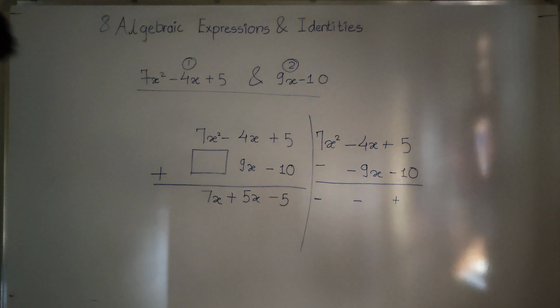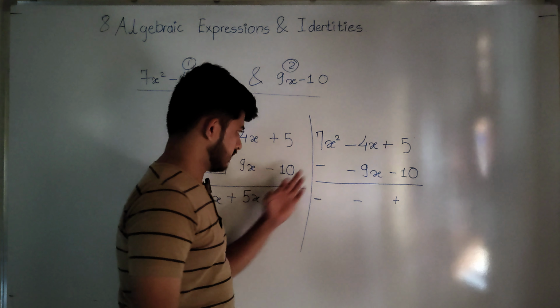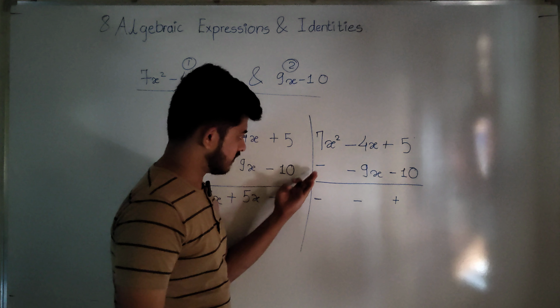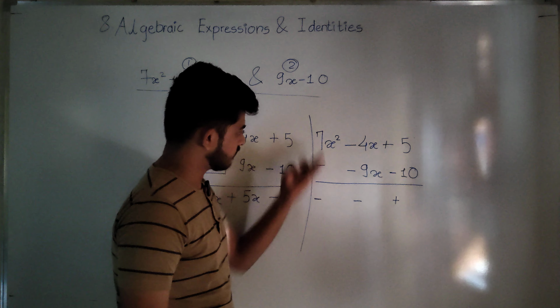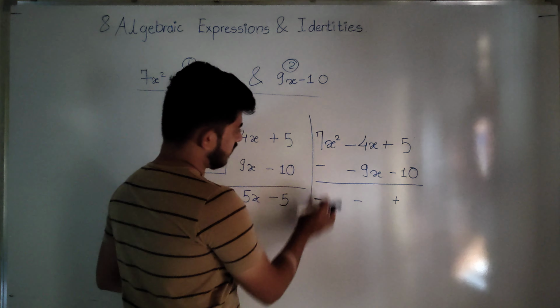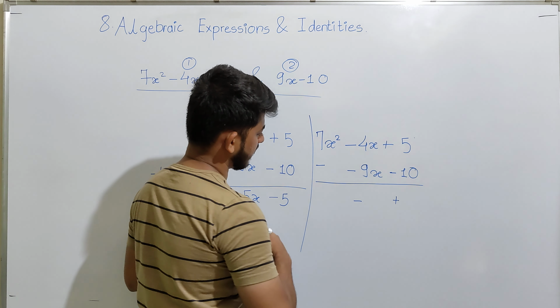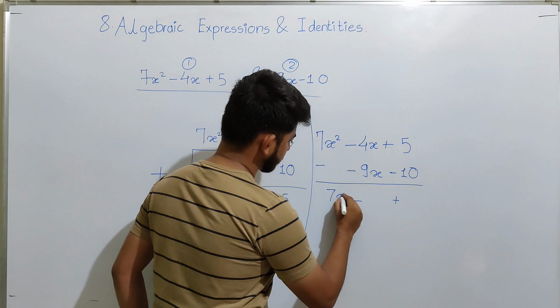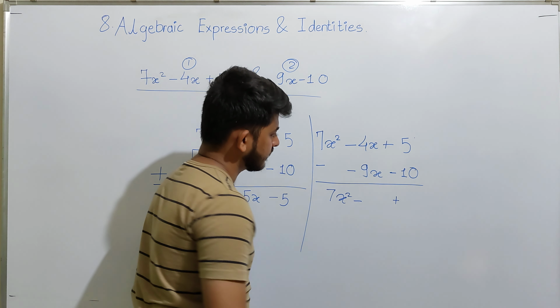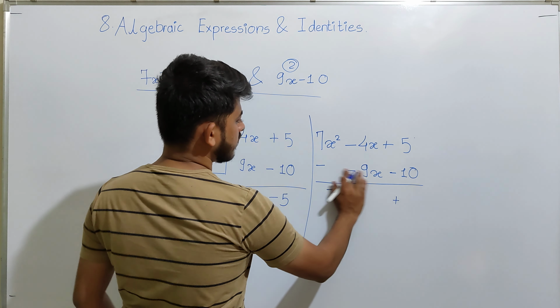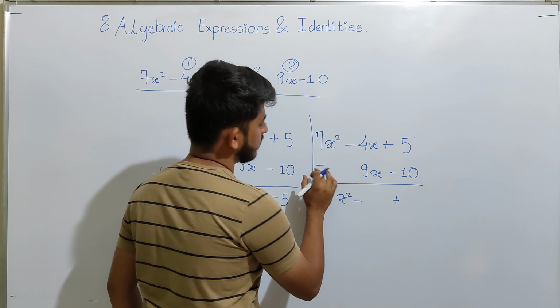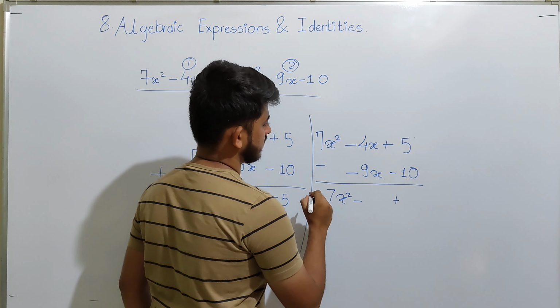So over here, this is 7x square. We are subtracting from this, so is there anything for 7x square? No. So write here 7x square. Previously it was 9x, so I'm subtracting.